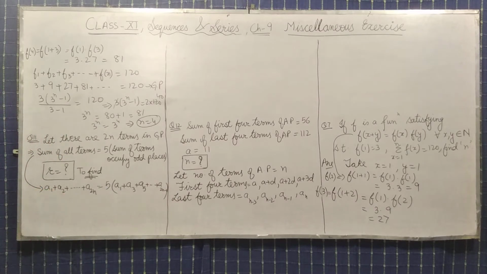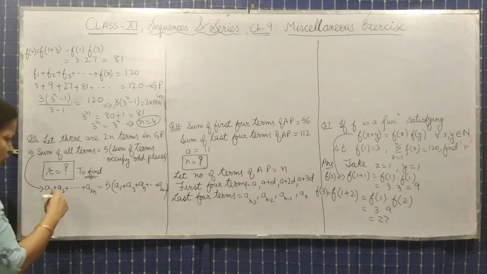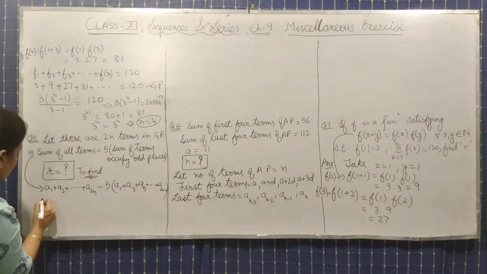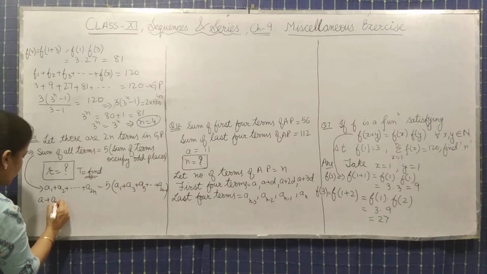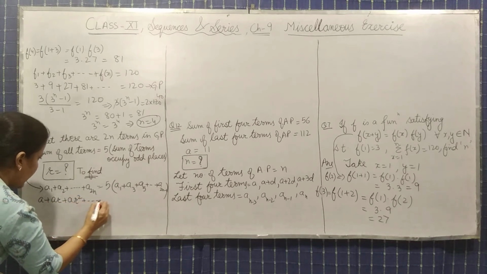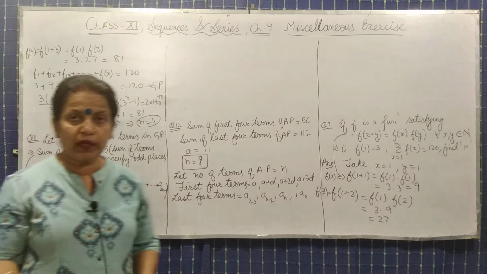Now we have to find out the value of r here. The first term of GP, we will take it as a. Second term is ar, third ar square and so on. कहाँ तक जाएगा ये? 2n तक है.